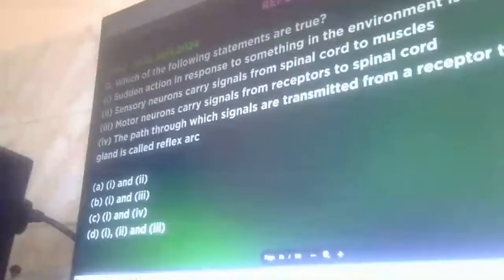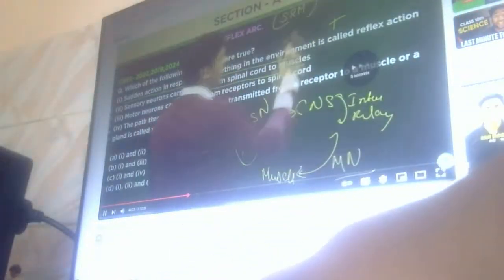Sudden response, reflex action. No, false. Motor neurons, receptor. No, false. One and four. C. Correct.